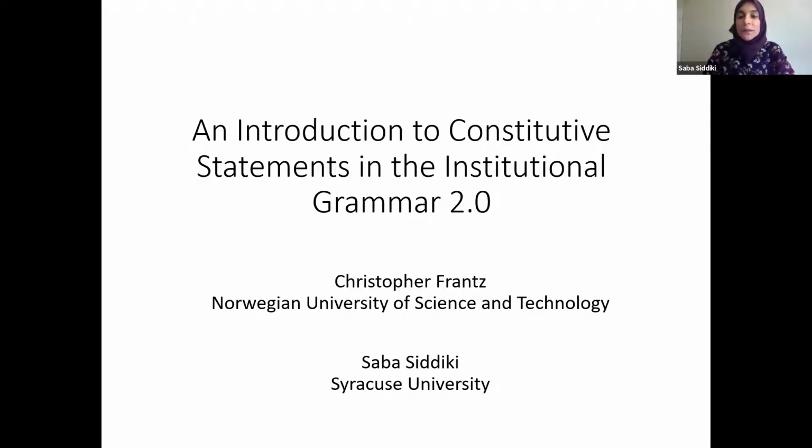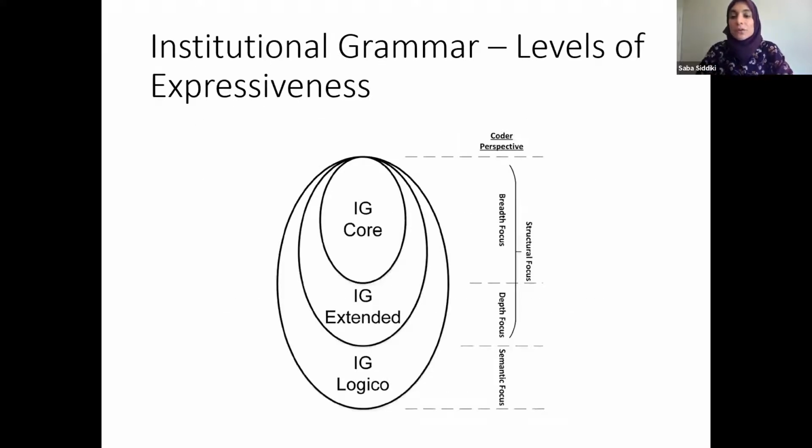Therefore, one of the core features in the institutional grammar is these multiple levels of expressiveness along which institutional information can be parsed. At the IG core level, we have a coding specification that is the most coarse of the three levels. Here we're assuming that we have humans both coding information as well as interpreting coding information.